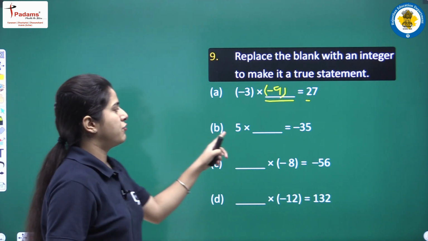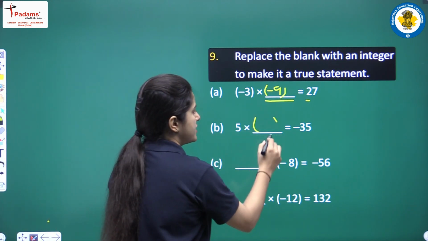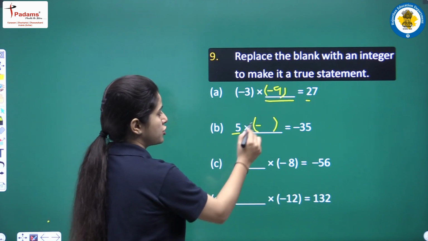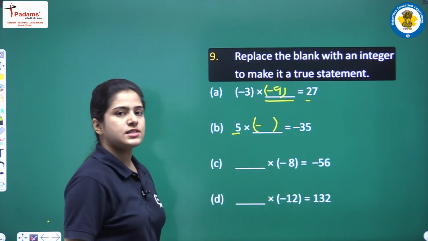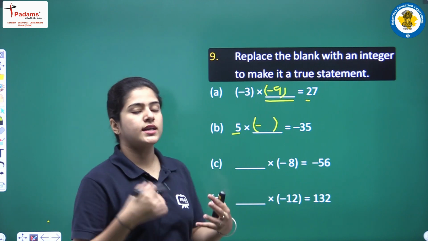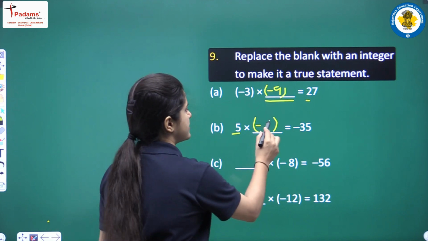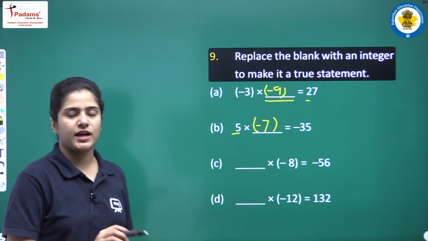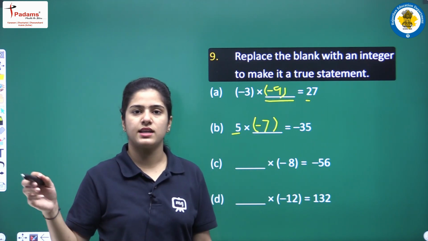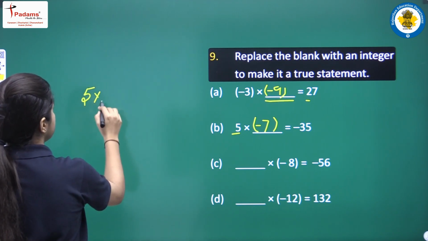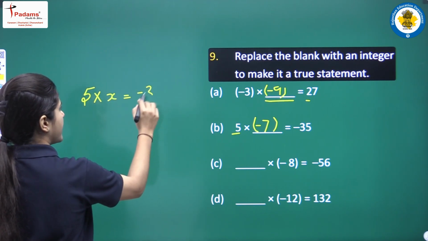Next students, 5 should be multiplied by what? The answer should be minus 35. Firstly, this is a positive sign, so the integer should be negative so that the answer contains the minus. 5 into what is equal to 35? 7. So 5 into minus 7 is equal to minus 35. By the variable method, you can do 5 into x is equal to minus 35.